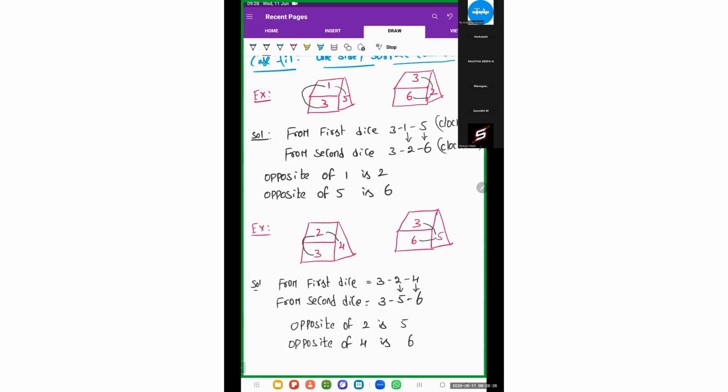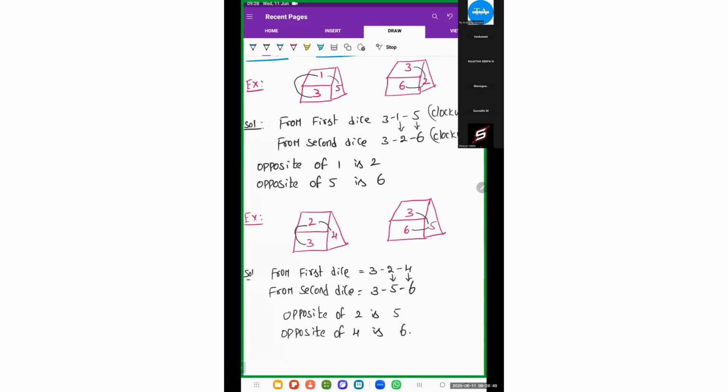I hope you understood. When two dice are given and only one number is common, you can write it like this, identifying the clockwise direction. So 2 opposite is 5 and 4 opposite is 6.